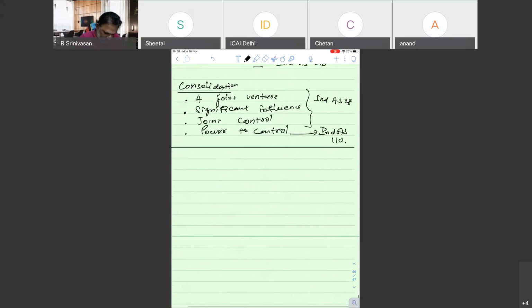So in the consolidated and separate balance sheet, how is the entry to be done here? Journal entry for the first 1, 2, 3. For 1, 2, 3 we have to follow Ind AS 28. First case, the B. For Ind AS 28, the entry will be investment account debit to bank.